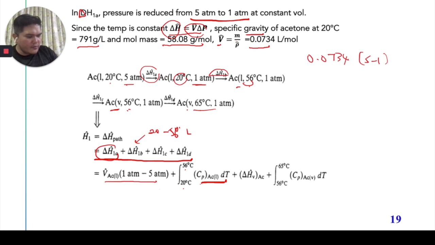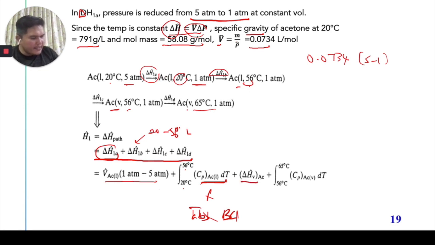So we use the CP dT for acetone. Where do we get the value for CP? You can revisit table B4, where you can get the values for A, B, and C, and substitute them in. Then you can determine from 20 degrees to 56 degrees, as we have done in the previous example. You can calculate those and substitute them here.